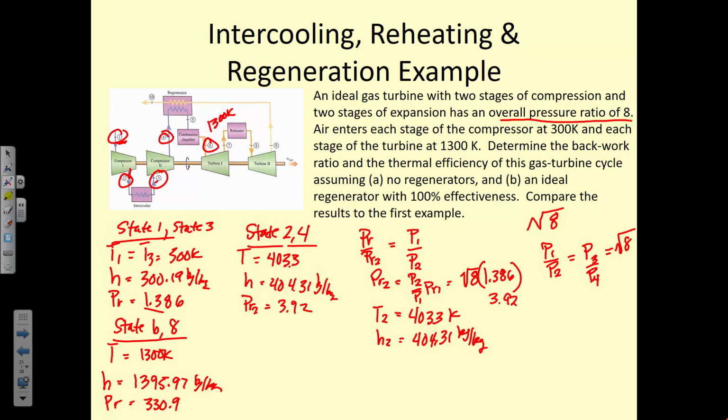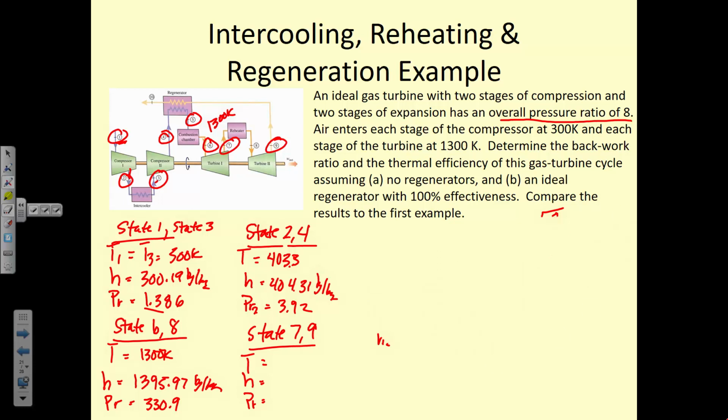All right, so now we have state 1, state 2, state 3, state 4. We need state 5, and we need state 7, and we need state 9. State 5 will come in a minute, but let's look at state 7 and 9. We don't know the temperature, enthalpy, or reduced pressure yet, but we can do the same thing that we did for these ones.